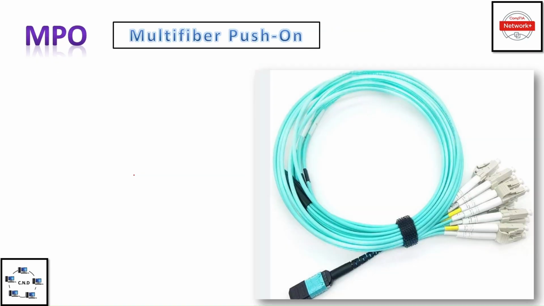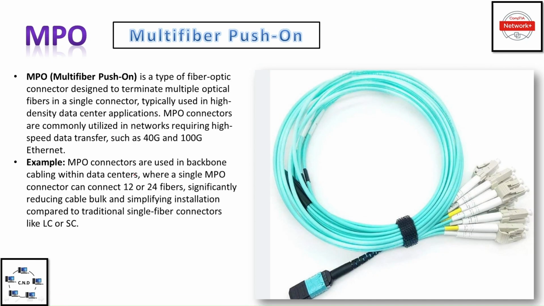MPO, that is multi-fiber push-on. So MPO, multi-fiber push-on, is a type of fiber optic connector designed to terminate multiple optical fibers in a single connector, typically used in high-density data center applications. MPO connectors are commonly utilized in networks requiring high-speed data transfer, for example, 40G or 100G Ethernet.